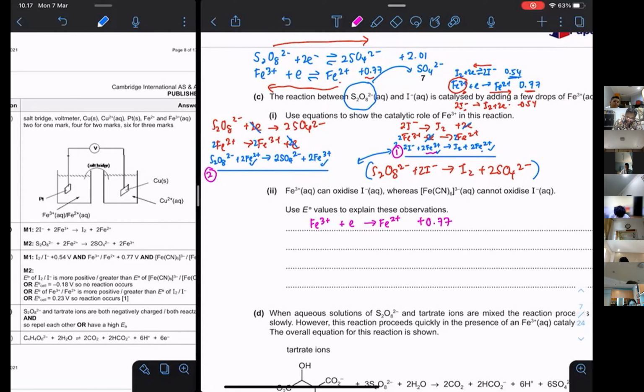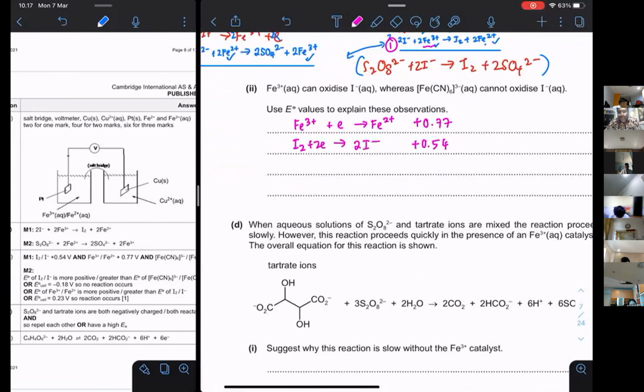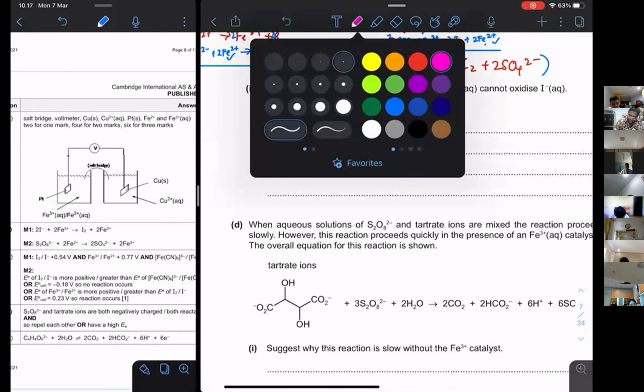Related to I-, I2 plus 2 electrons give you 2I-, which is 0.54. If it is more positive, then it will go to the right.